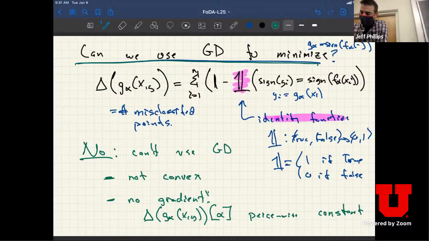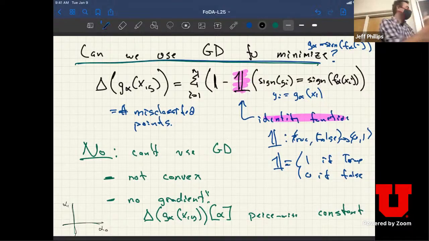If I try to draw this weird picture, where this is alpha 0, alpha 1, I think we tried to draw this for linear regression. We got these half pipes, if you remember that picture. Well, in here, we're going to get this really weird situation, and I don't know exactly what it looks like.